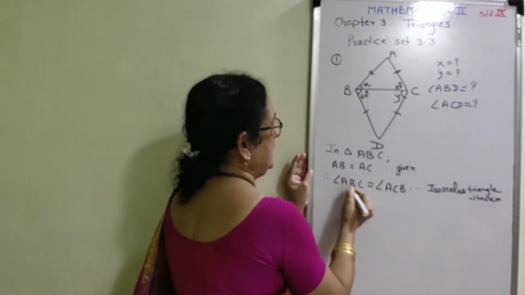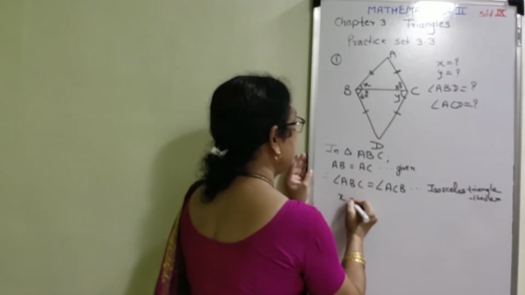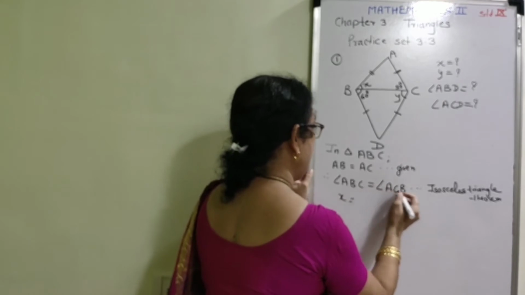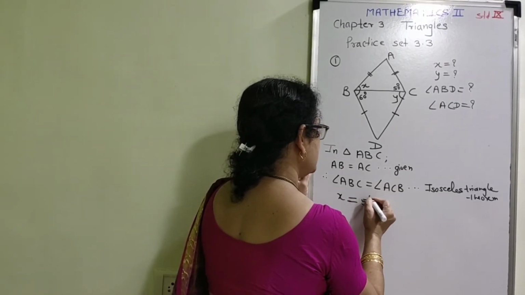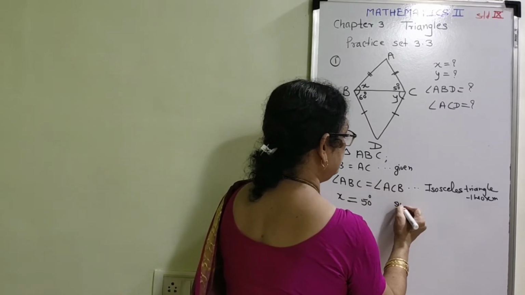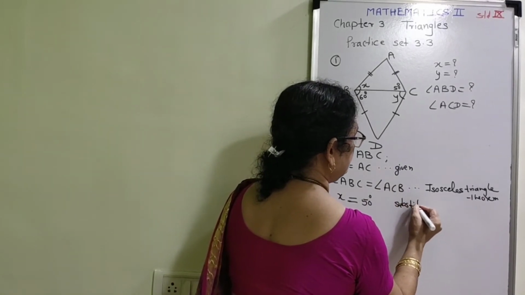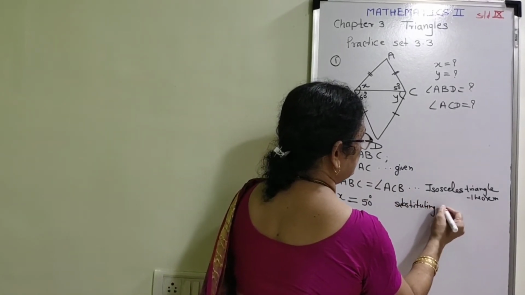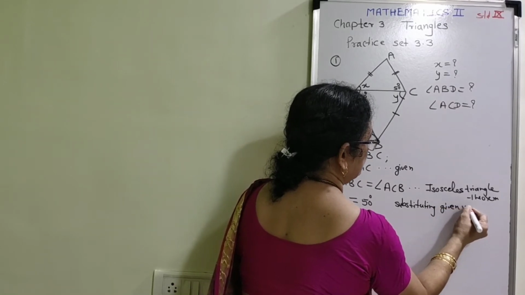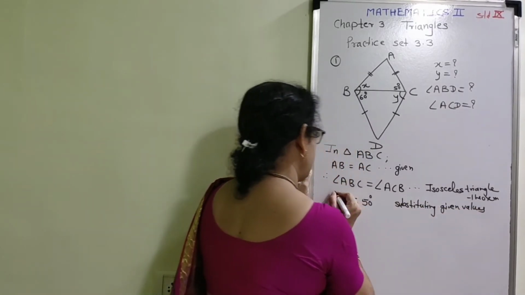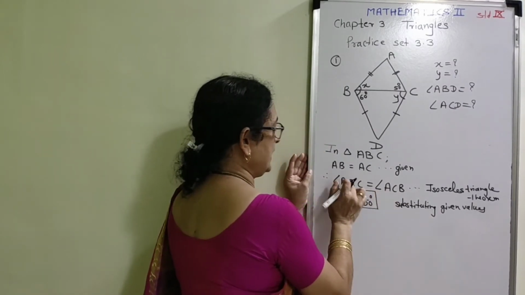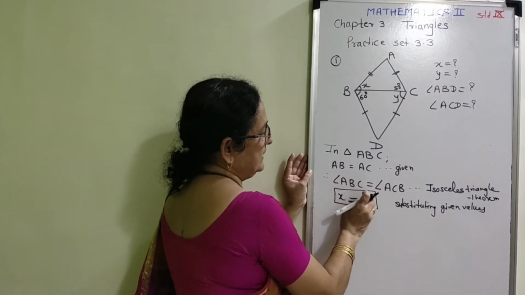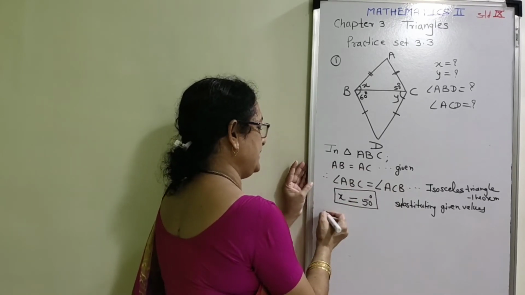Now ABC is x, which is equal to ACB, which is 50 degrees. Substituting given values, we will get x is equal to 50 degrees, since they have given ABC as x and ACB as 50 degrees.